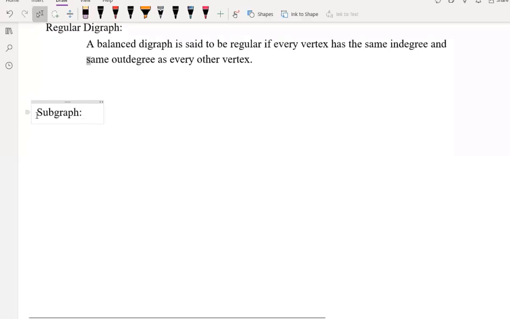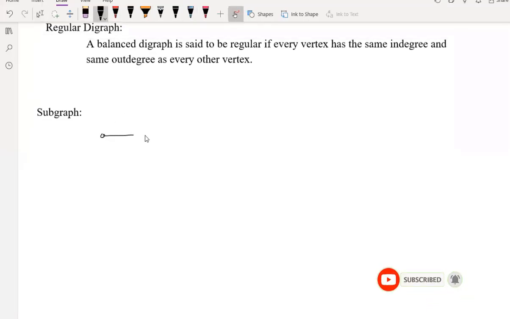Suppose there will be one graph like that. Now this is the graph, something like that.